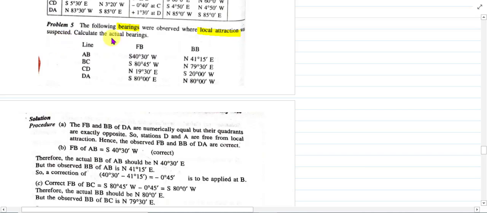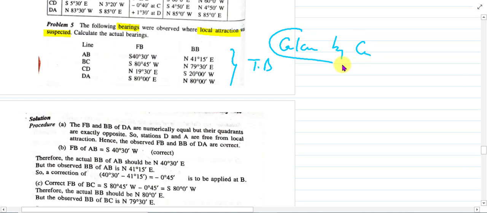Calculate the actual bearing. Okay, so in this case again there is no magnetic declination term used, so we assume all these bearings are true bearings, but these bearings are measured by your compass, so some of the points may be affected by local attraction, so we have to find those points.